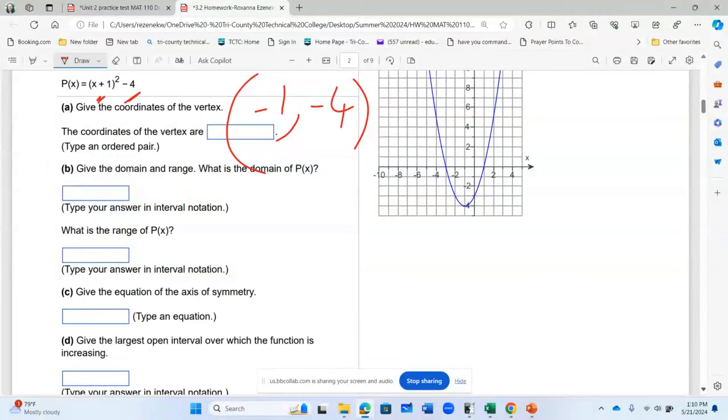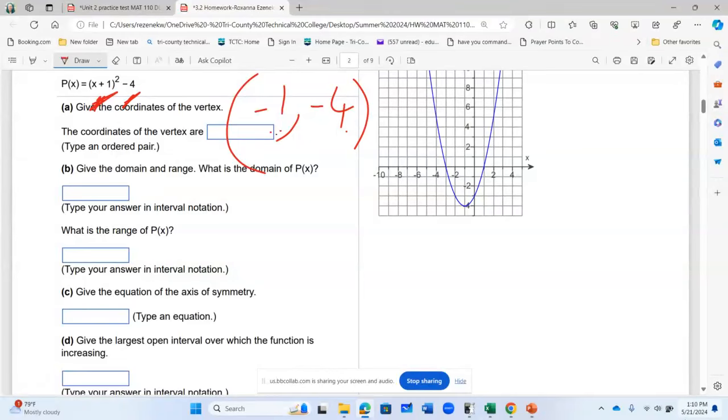If you're given a converted form, it's already in vertex form. All you need to do is make sure you know the formula. So compare that. There was a positive sign here, it changed to negative. That's why this is negative.